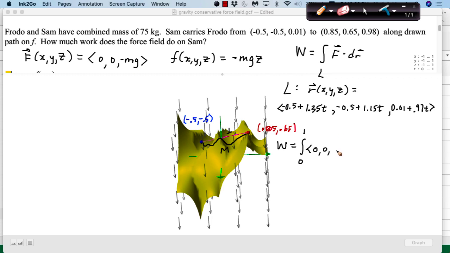So what's m? 75. They're little guys, right? Combined mass of 75 kilograms times, assuming Mordor has the same gravity as Earth, 9.8.